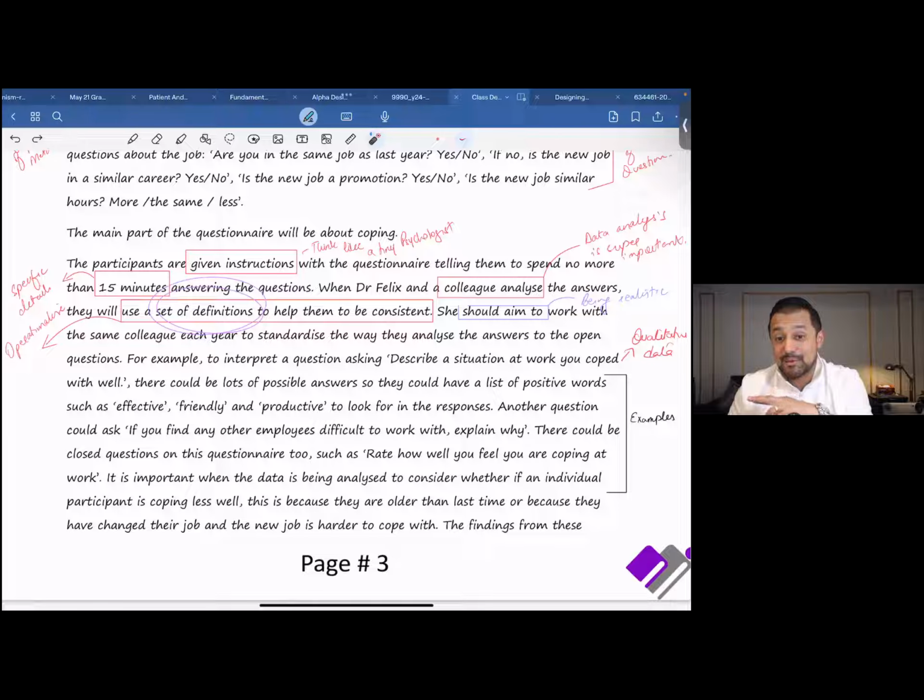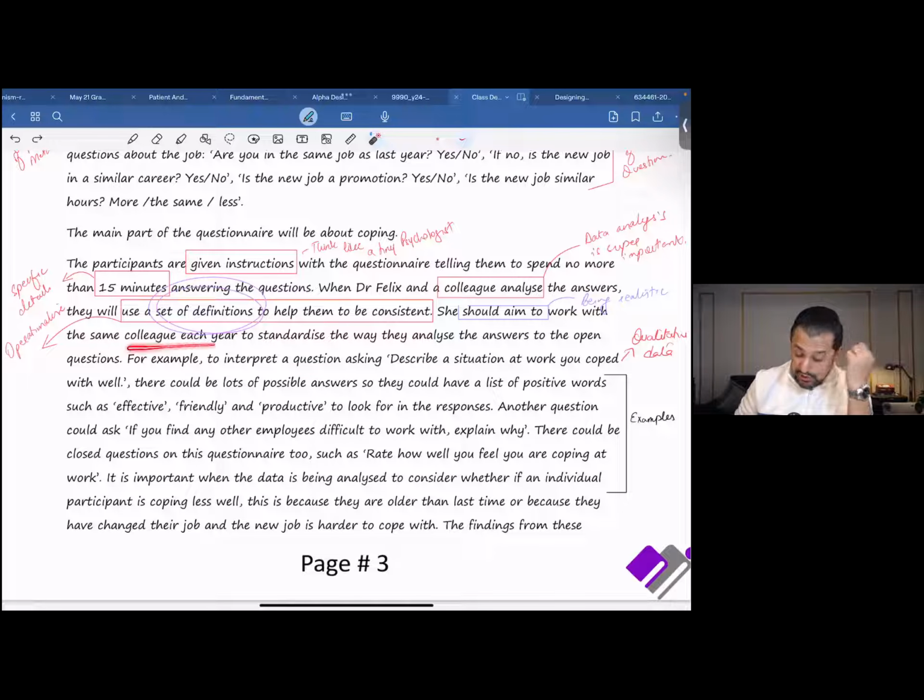Remember, this is something I mentioned earlier as well. We're talking about a longitudinal study, a study that would go on for around a decade, right? So you ought to have the same colleague with you, or at least aim to. So, for example, to interpret a question asking, no, wait, what did I miss?